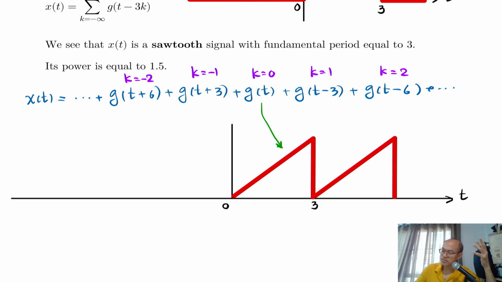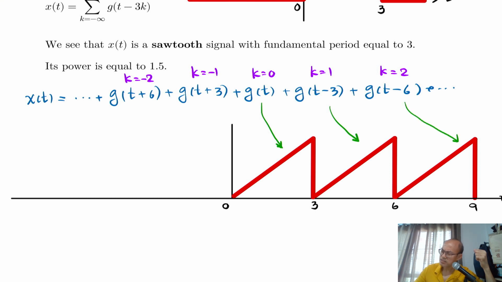Okay, so this is 6. So this one is G of T minus 3. And then the next one is G of T minus 6 here. Okay, let me extend this axis a little bit to the right. This is 9. Okay, so this guy is here, and so on and so on.